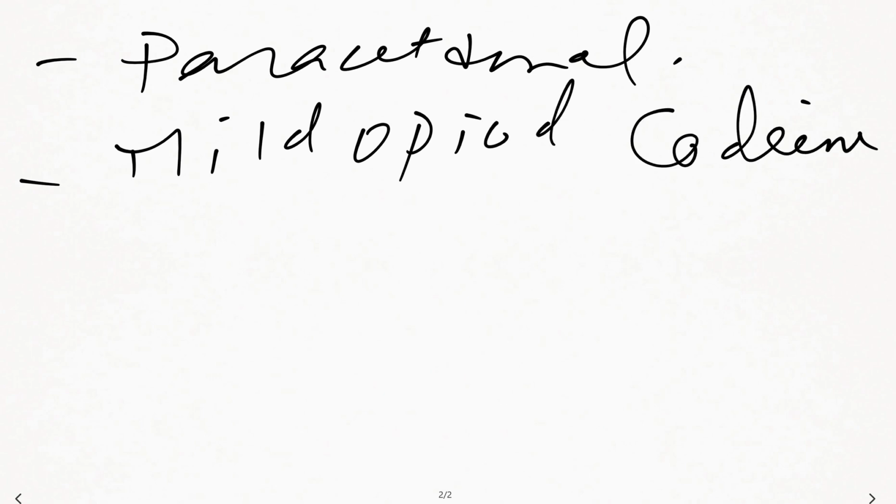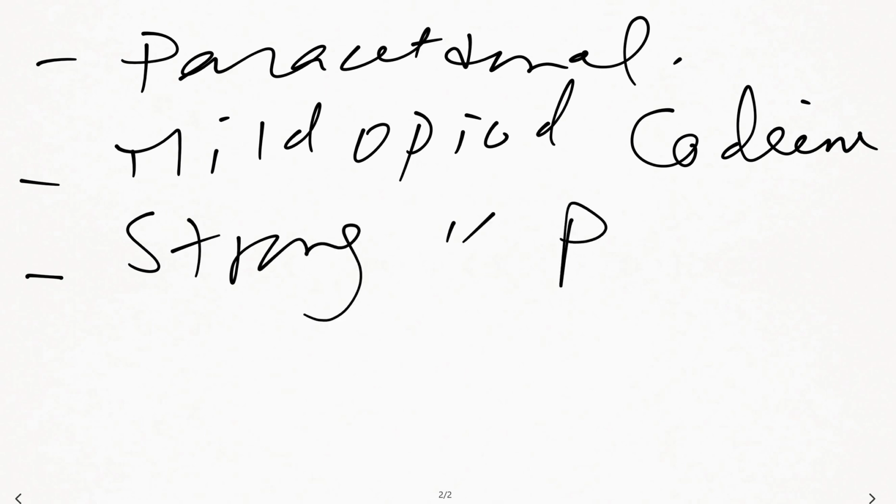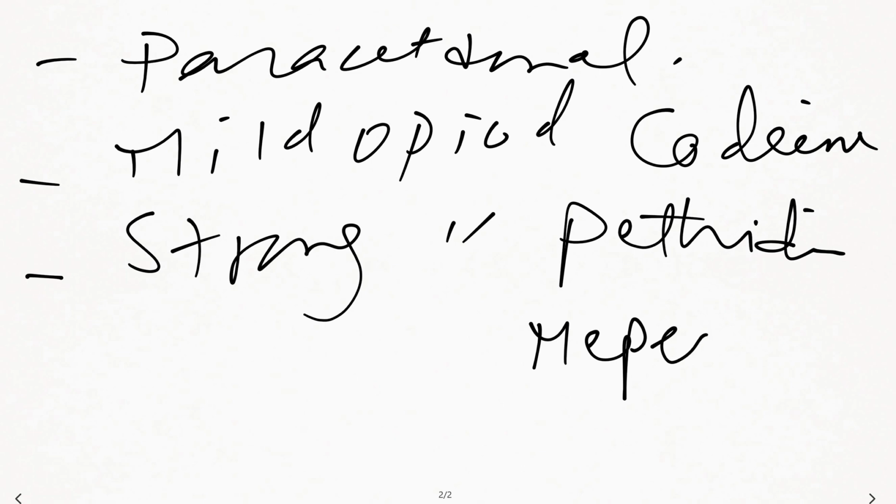After that, if this is not working, you are going to give a strong opioid like pethidine, or meperidine also. These are allowed in acute pancreatitis.